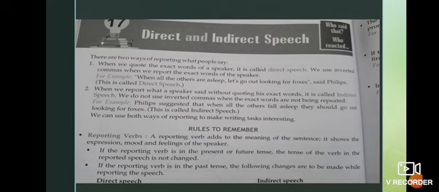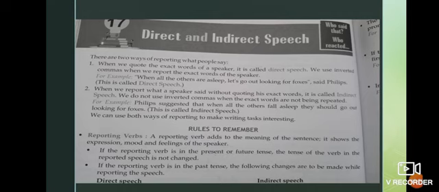See a few reporting verbs. A reporting verb adds to the meaning of the sentence. It shows the expression, mood and feeling of the speaker. So the verb is called the reporting verb. If the reporting verb is in the present or future tense, the tense of the verb in the reported speech is not changed.